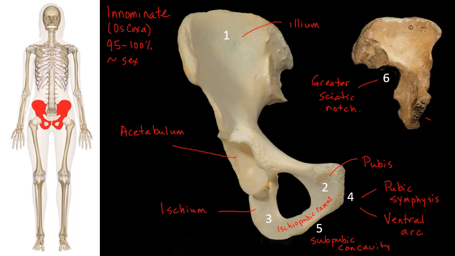I'll go to yellow. Okay. You want to take a look at or have good images of the pubis, okay? This region in here, in the shape of the pubis, as you will learn, is going to give you information into the sex of the individual.